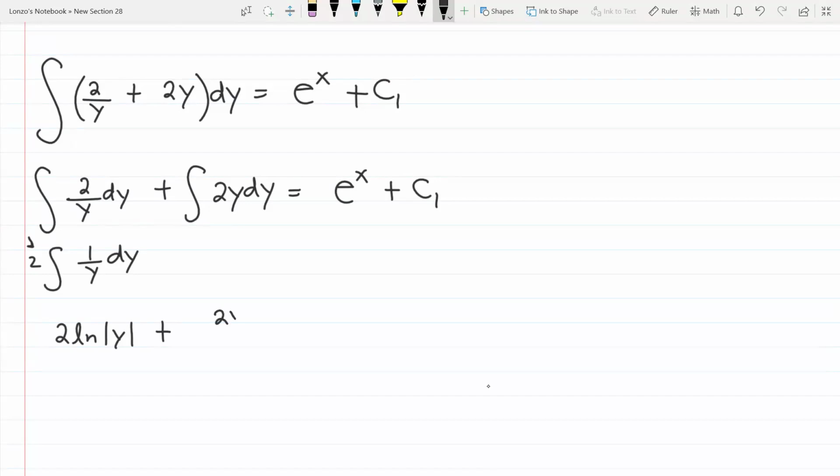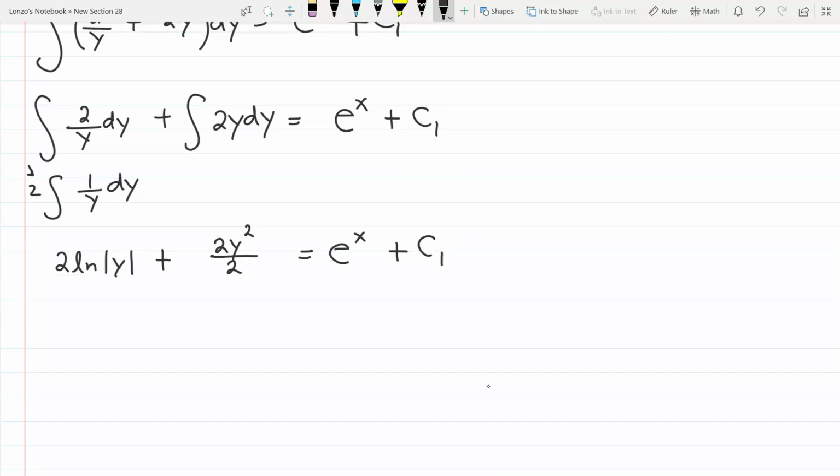It's just 2y²/2. Let's simplify this to 2 ln|y| plus, the 2's cancel, so you're just left with y², equals e^x plus c1.